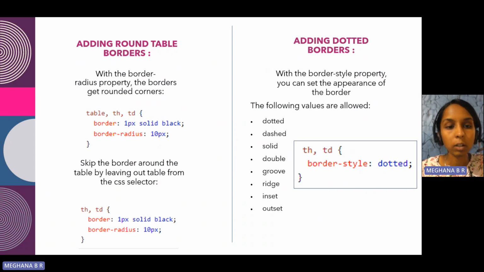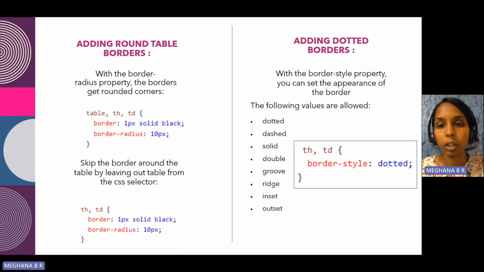When we add only the border and the border-radius property, obviously we get two borders, that is one border for the table and another border for each cell. When we want only the cells, that is when we want to skip the border around the table, by leaving out the table from the CSS selector, we can use the syntax th, td and the border in pixels.